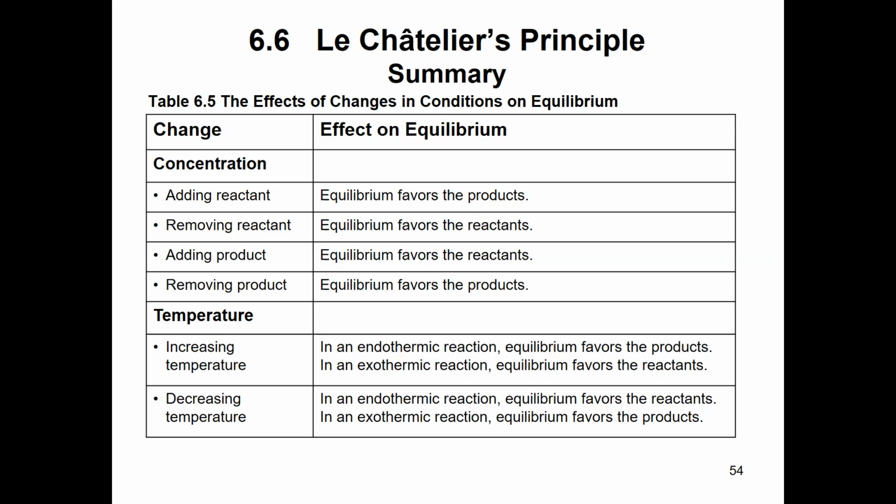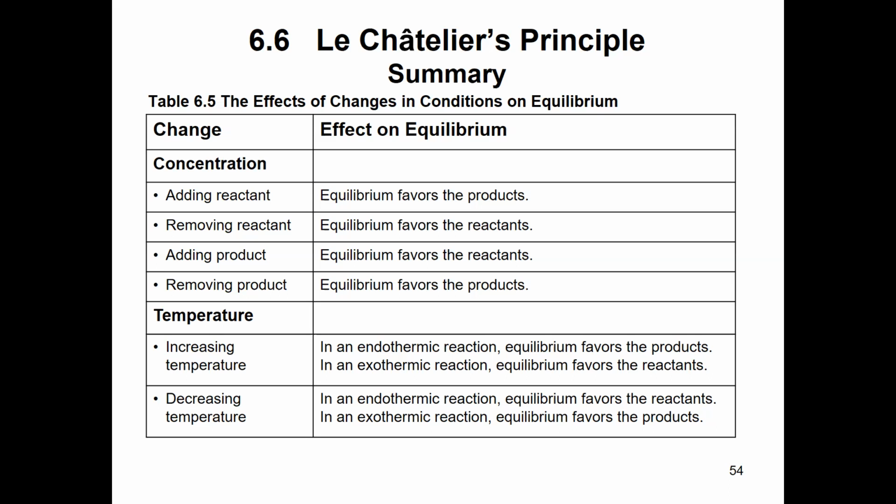Removing a reactant would do the reverse. The equilibrium will try to replenish the reactant, and so it will favor the reactant. So move to the left. Same with adding a product. If you're adding a product, the equilibrium will try to remove the product, so it will favor the reactant. And if you're removing a product, and this is used a lot actually in the industry, because typically you try to produce something.